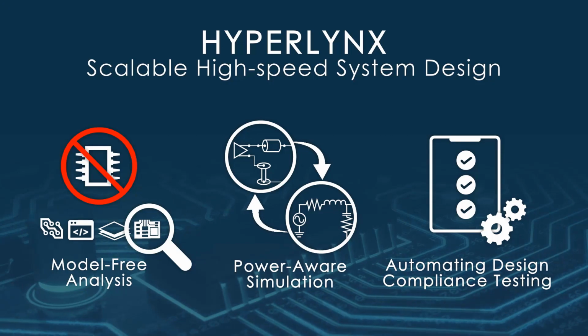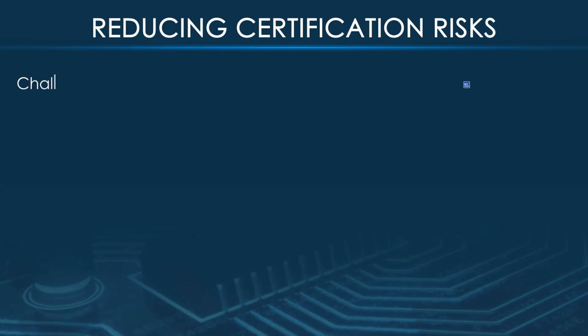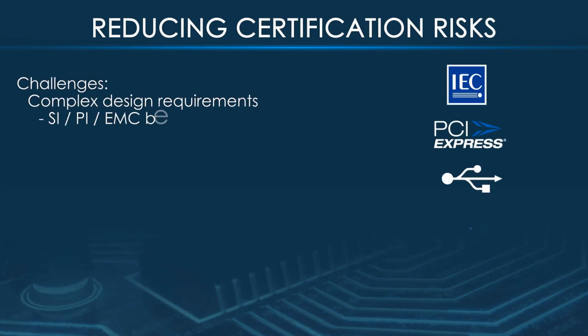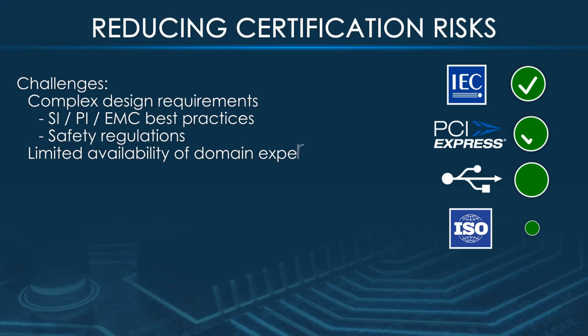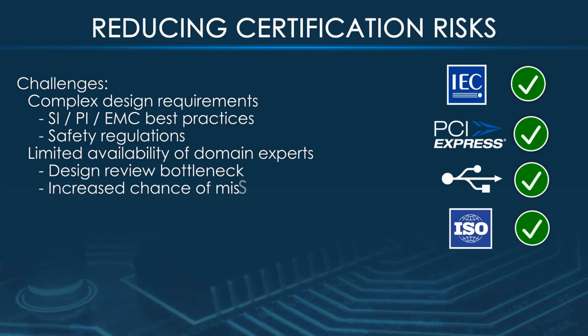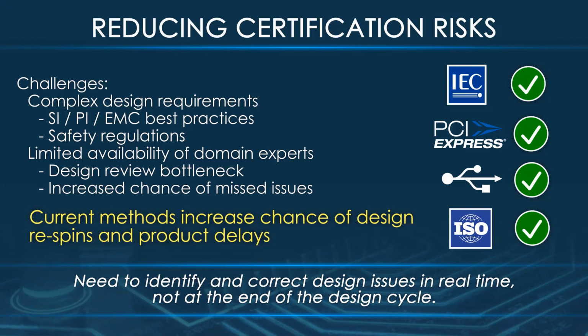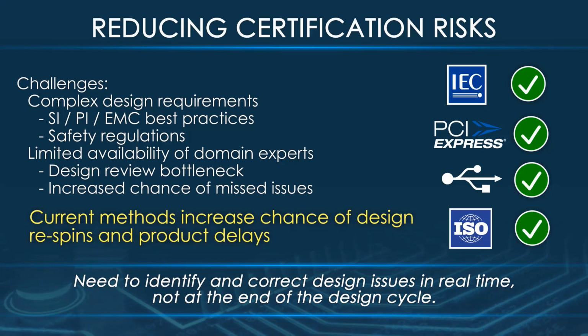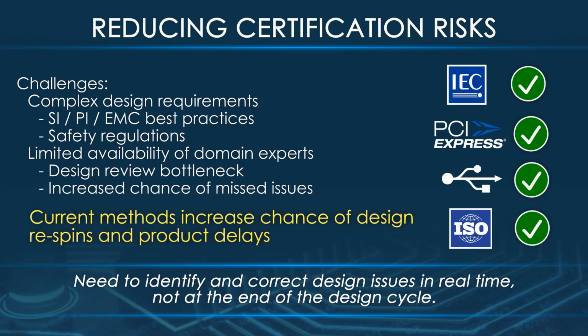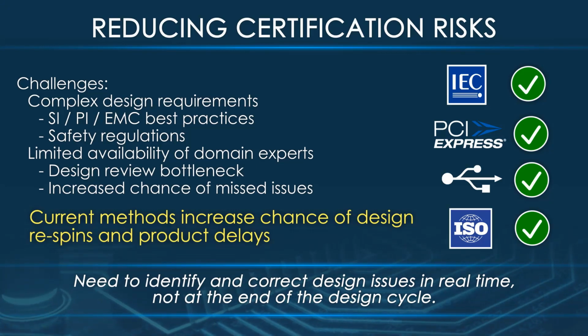There are many things that PCB designers have to consider when making boards today. Some of the challenges are complex design requirements that feature signal integrity issues or power integrity issues or EMI, EMC things, and practices on the board, as well as safety regulations such as IEC standards, the various protocols that are common technologies on boards today, like PCI Express and SerDes nets, PCIe Gen 3, Gen 4, DDR3, DDR4, DDR5 routing.